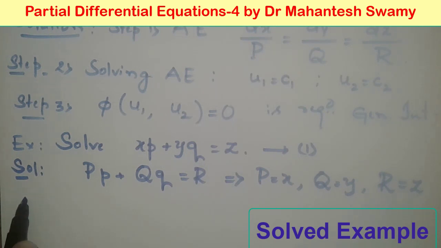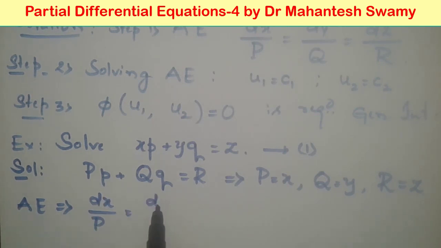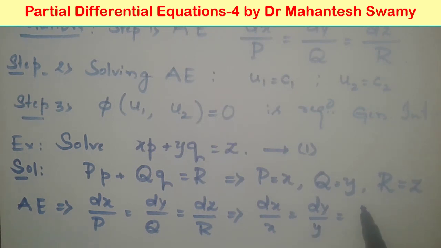Now we have to write down the auxiliary equations. So what are the auxiliary equations? dx by P equals dy by Q equals dz by R. So that implies dx by x equals dy by y equals dz by z.